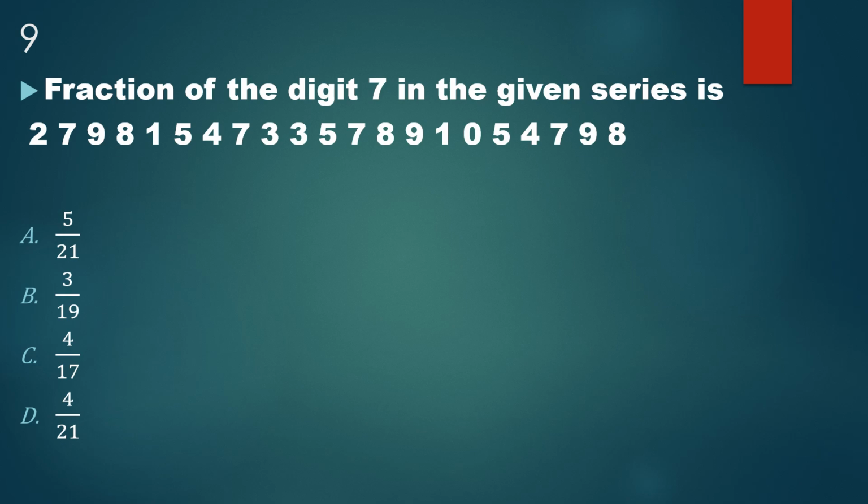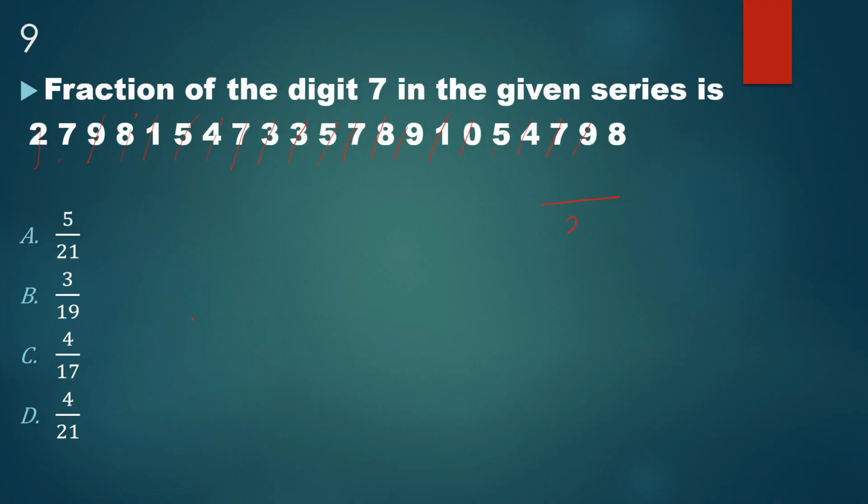Ninth question, the fraction of the digit 7 in the given series is. This series is given and we have to find how many digits are 7. First we have to find how many numbers are there. 1, 2, 3, up to 20 and 21.